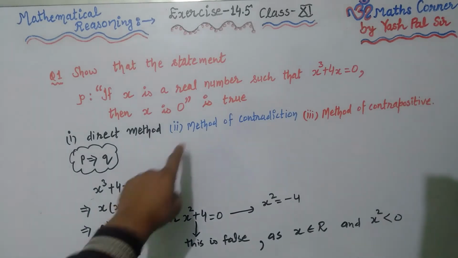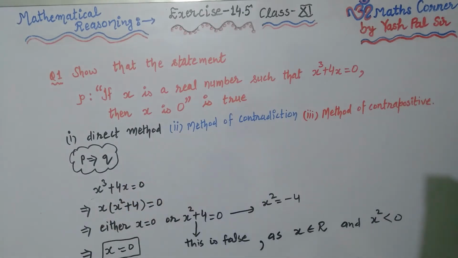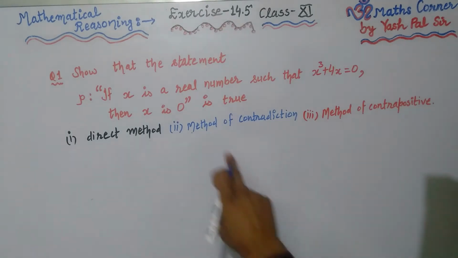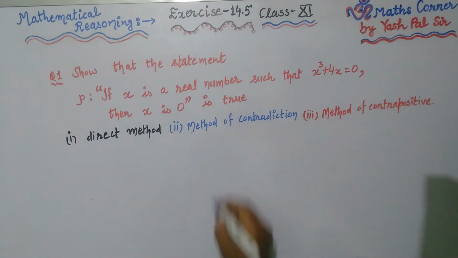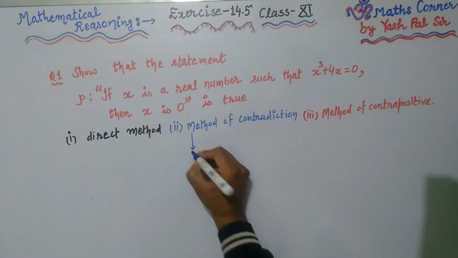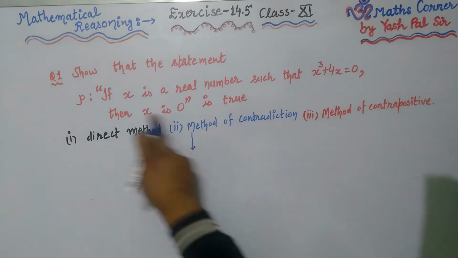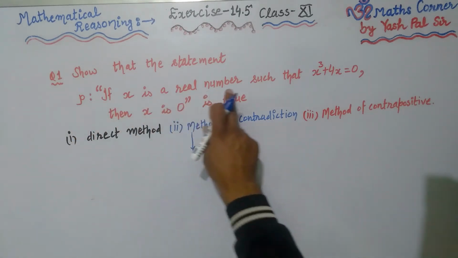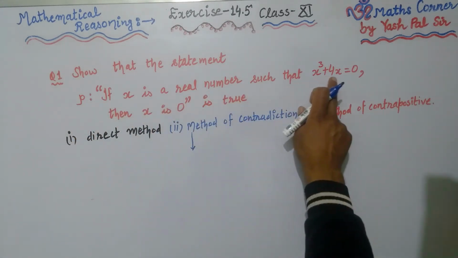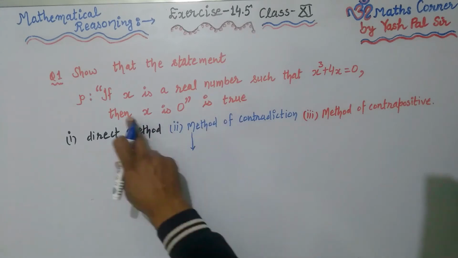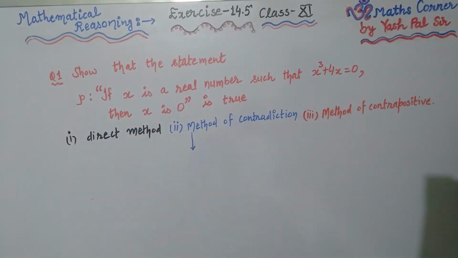Now the second method is the method of contradiction. How to use this method? What is the statement? If x is a real number such that x power 3 plus 4x is equal to 0, then prove that x is equal to 0.